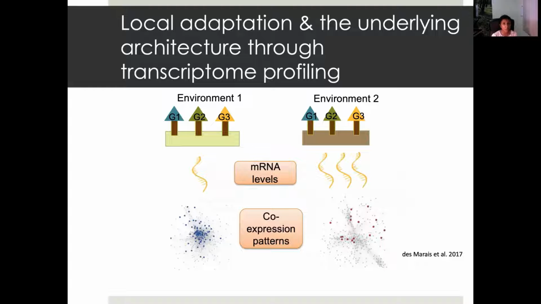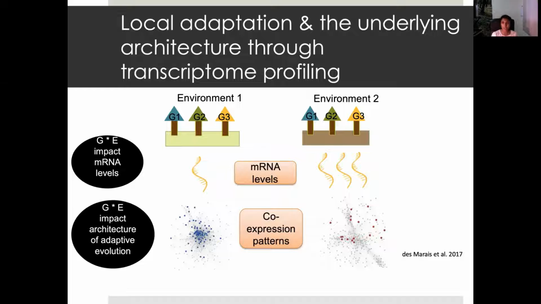So today I want to share with you the utility of combining transcriptomic profiling with a common garden design to evaluate not only signals of local adaptation and of adaptive plasticity, but also to make use of these co-expression patterns to ask questions about the architecture of adaptive evolution under different environmental conditions.